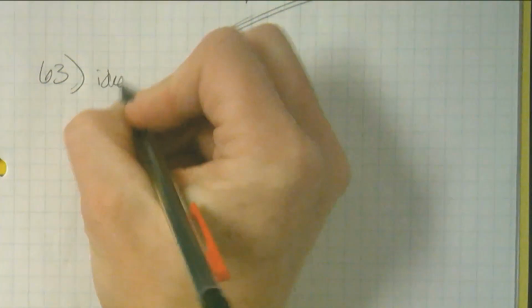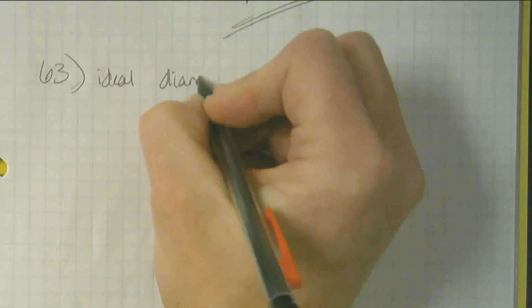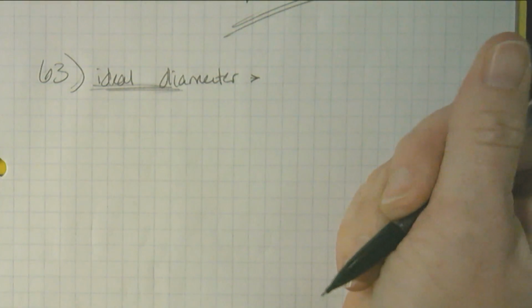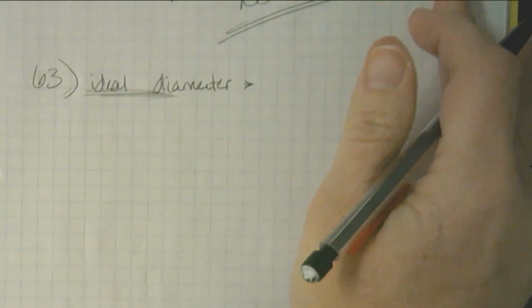Okay, this is an absolute value inequality story problem. One of the things you guys asked me for, someone did, is an absolute value inequality story problem. This is it. It says we have an ideal diameter. The moment you see ideal diameter or ideal measurement, you know you have an absolute value, or you should.